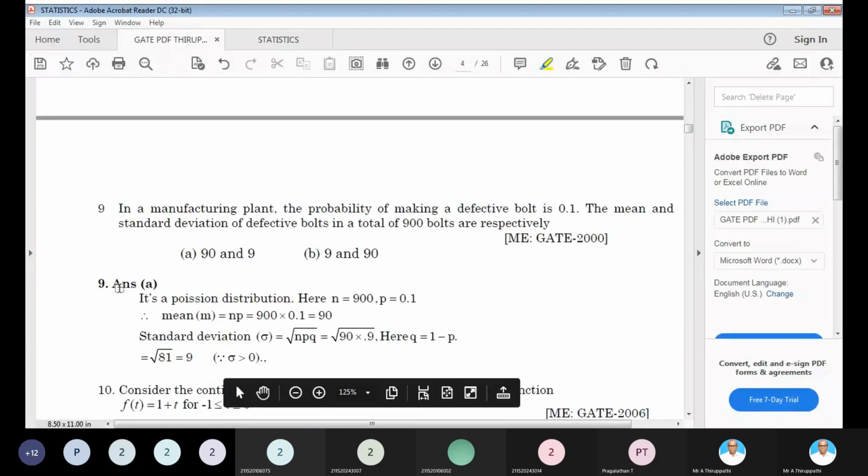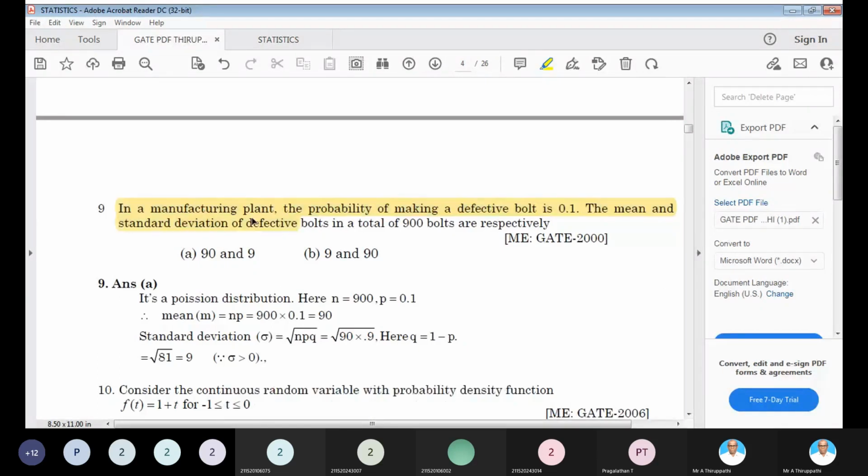Next. In a manufacturing plant, the probability of making a defective bolt is 0.1. The mean and standard deviation of defective bolts in a total of 900 bolts are respectively what? Here, defective is called success.